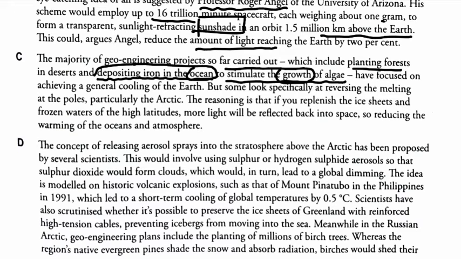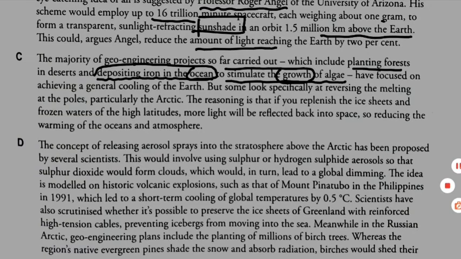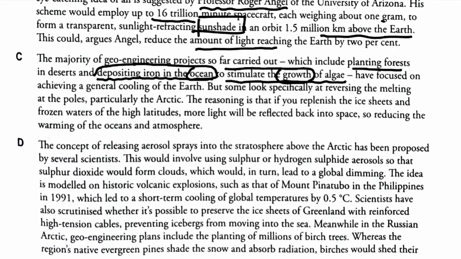But some look specifically at reversing the melting at the poles, particularly the Arctic. The reasoning is that if you replenish the ice sheets and frozen waters of the high altitudes, more light will be reflected back into space, so reducing the warming of the oceans and atmosphere.